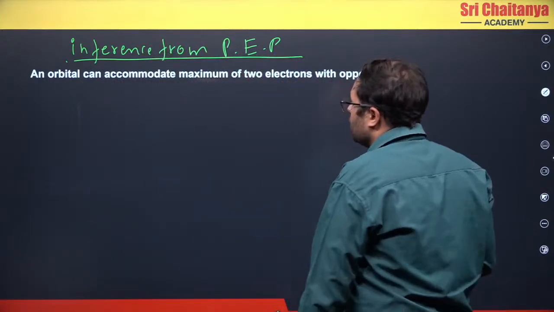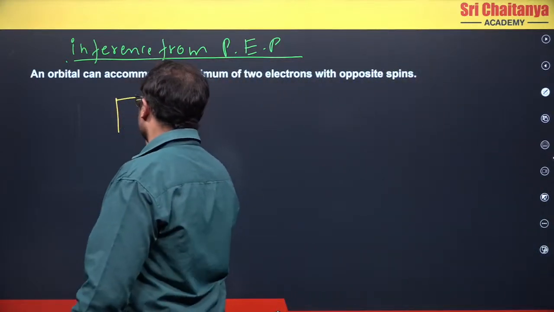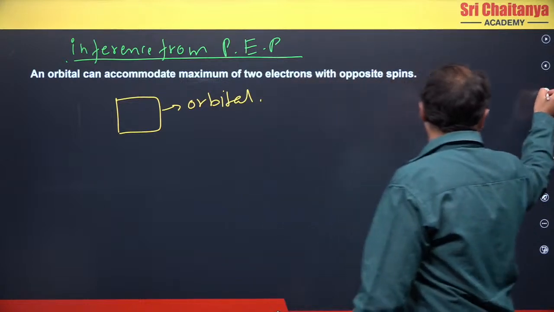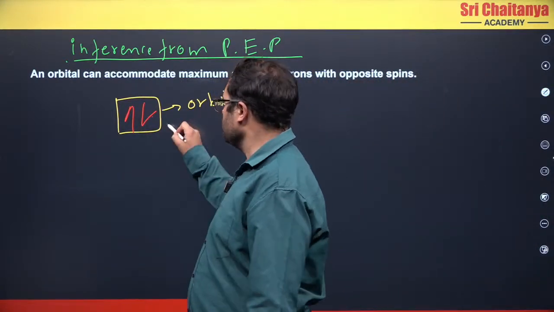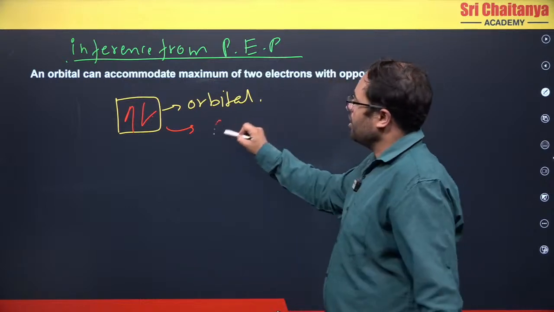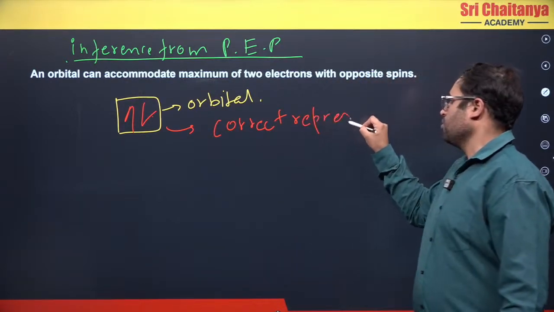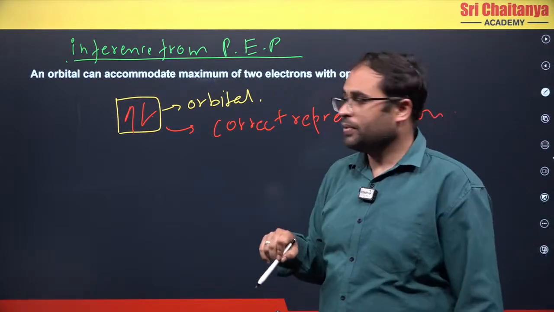Remember that one orbital box is an orbital. So this is your orbital, and in this orbital you can fix only 2 electrons with opposite spin. So this is your correct representation and the only possible one.